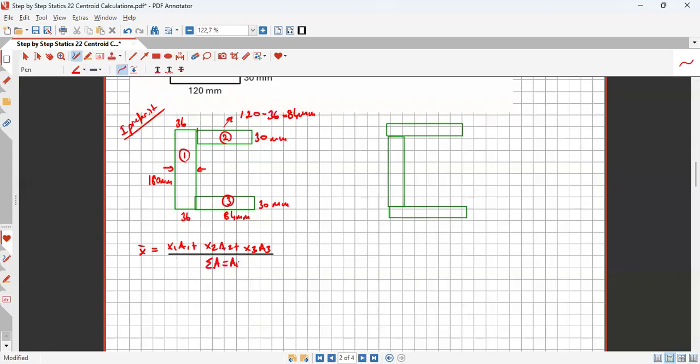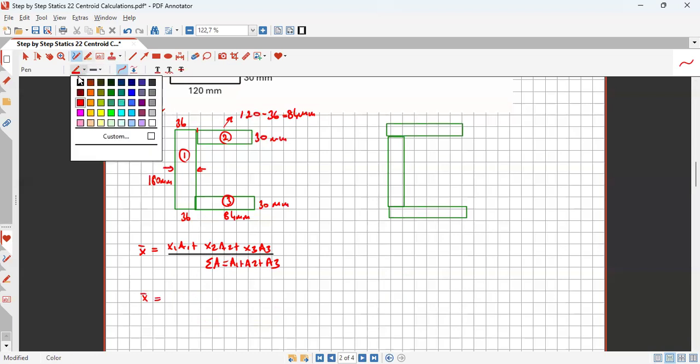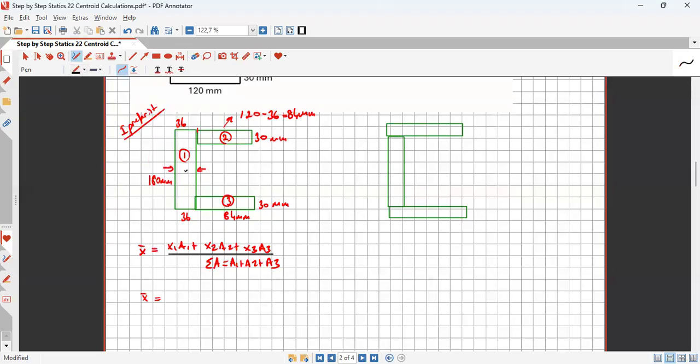It equals a1, a2, and a3. x1 is here, 36 over 2, it means 18. A1 is equal to 36 times 180, plus x2. x2 is here.